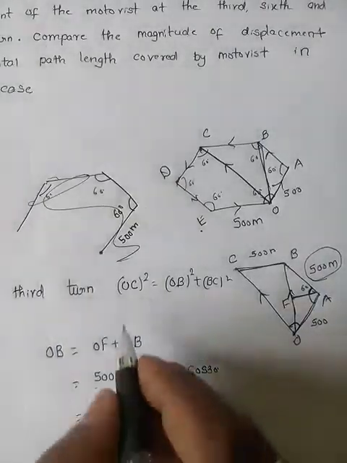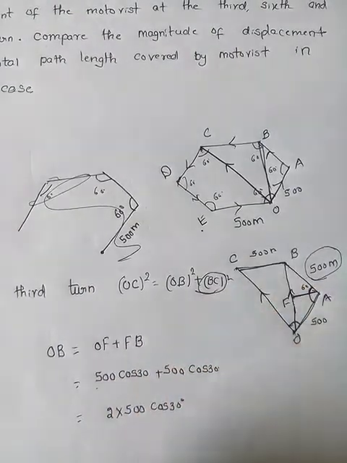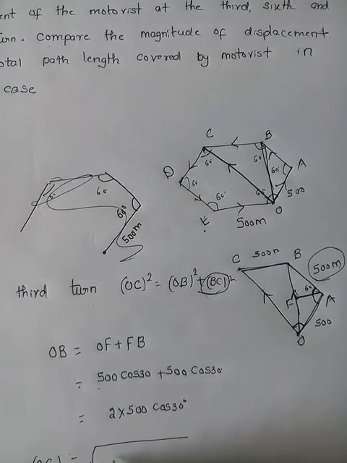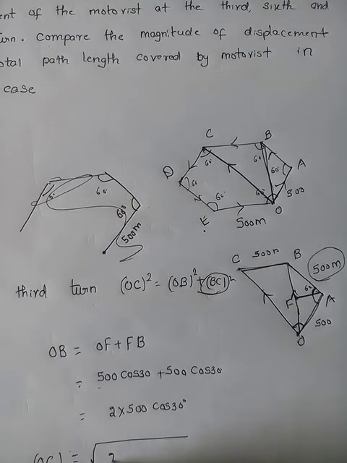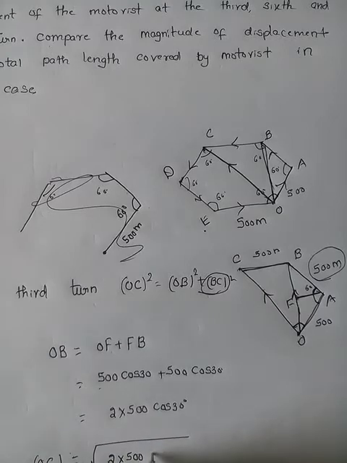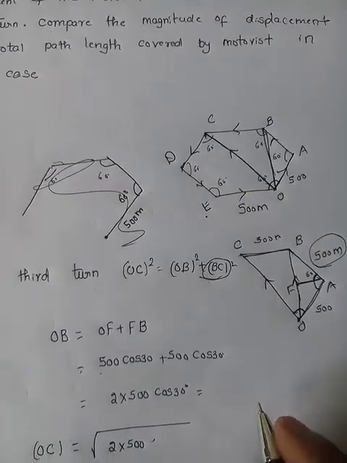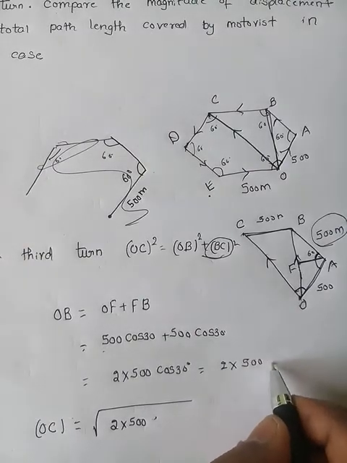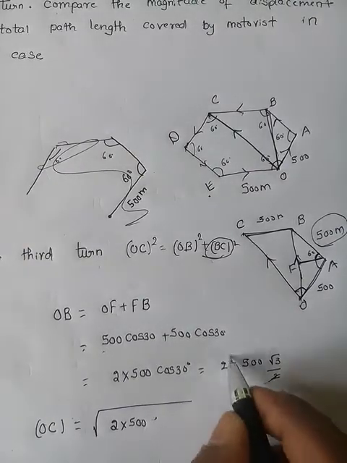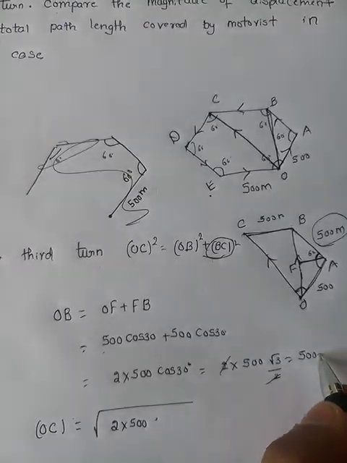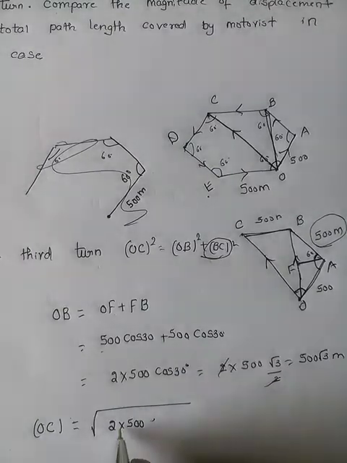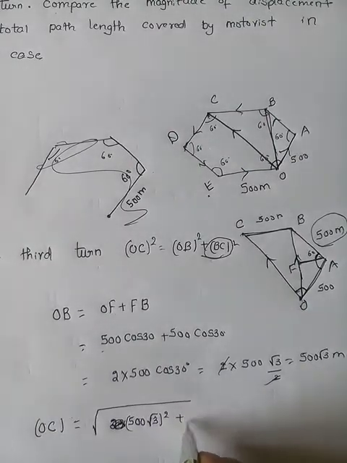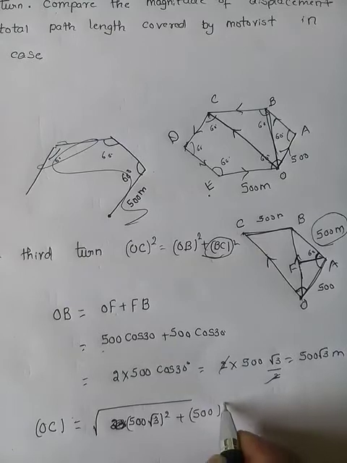Okay. Now, we know the BC value. How much? 500. Then OC is equal to root of OB square plus BC square. What is cos 30? Root 3 by 2. So OB is 2 into 500 into root 3 by 2, the 2s cancel. What do you get? 500 root 3 meters. So OC is the root of 500 root 3 whole square plus 500 whole square.